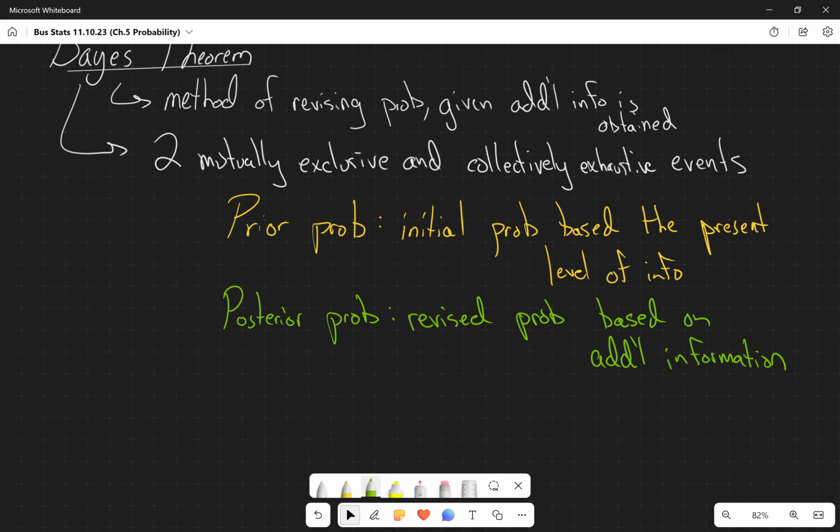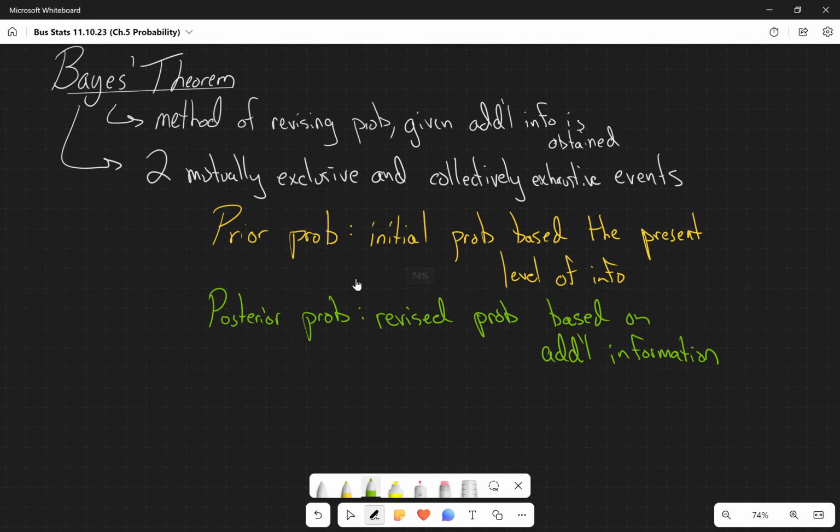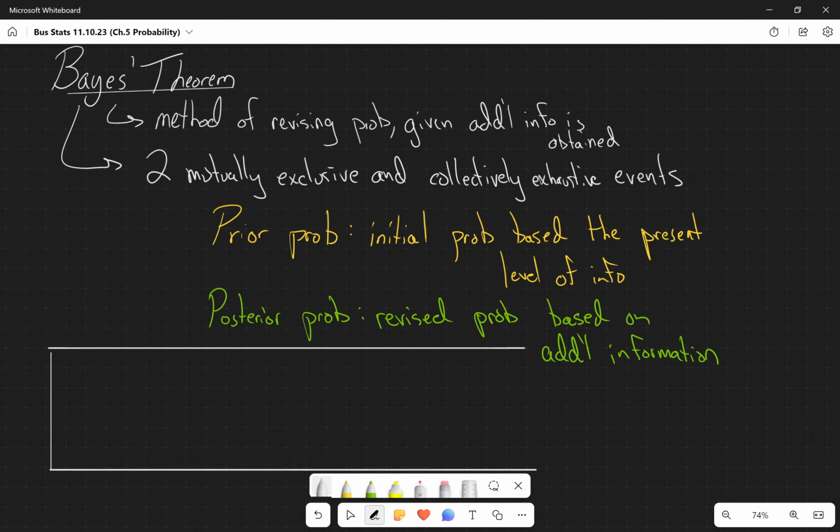So let's put the formula down, but it's not going to make a ton of sense until we do our example. But let's have the formula in our notes before we jump into it.